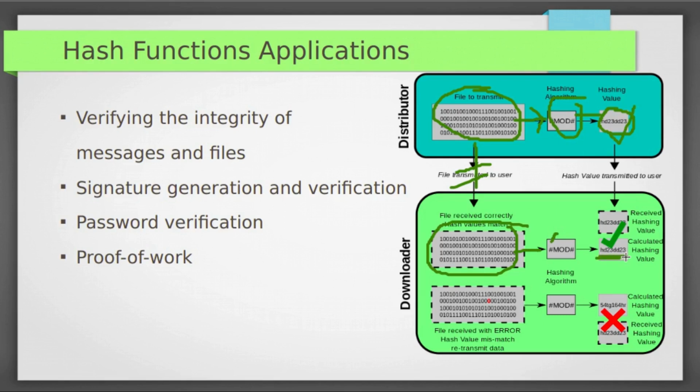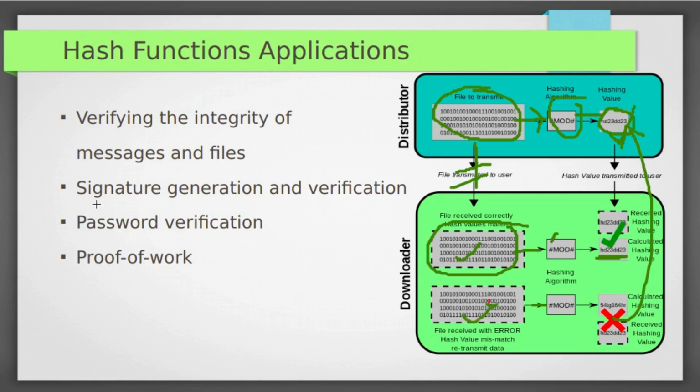If this hash value is equal to the pre-computed hash value, then this file can be accepted. Suppose one bit changes here, printed in red color, and then you give this file to the hash function, the hash code will be different. It will not match with this pre-computed hash. You will consider it a different file.